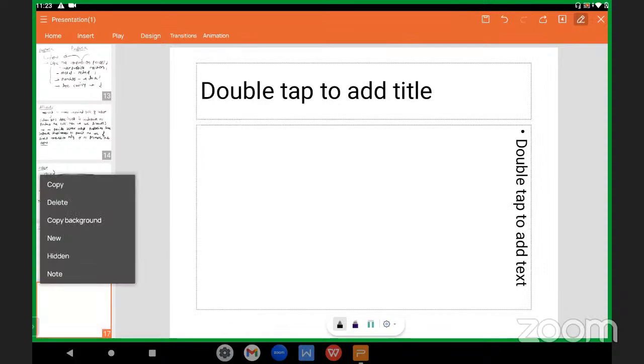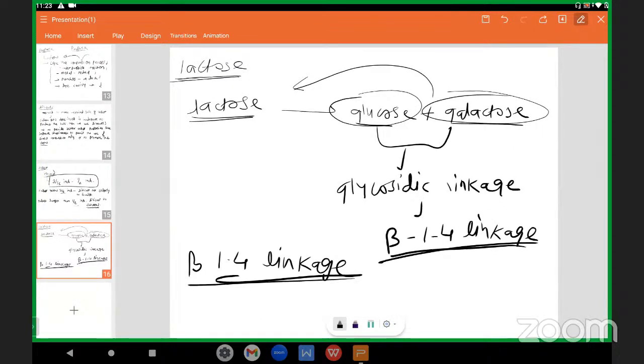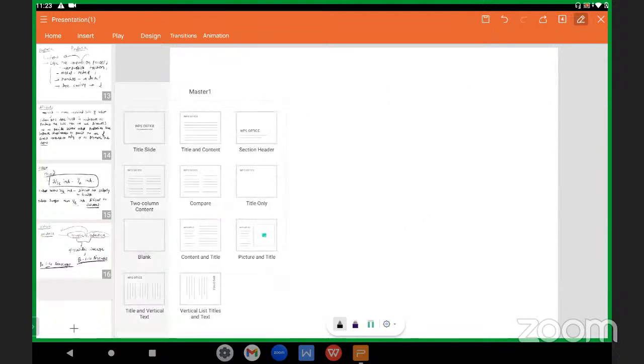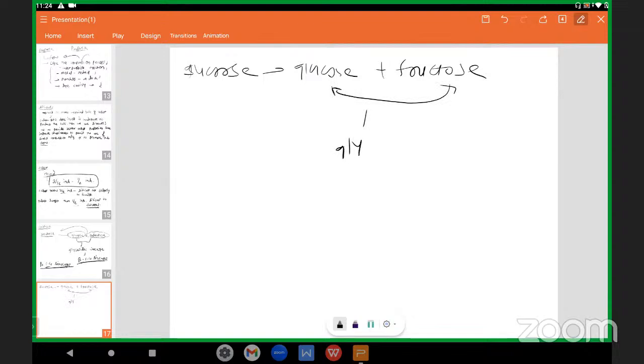Okay, अभी ये linkages हैं. Similarly, take an example, sucrose. Sucrose is also a sugar, right? How is sucrose made up? Glucose and fructose. Yes, exactly. Sucrose is made up of glucose plus fructose. मतलब fructose ग्लूकोज के साथ ज्वाइन हो रहा है. इसमें भी लिंकेज ग्लाइकोसिडिक लिंकेज ही है.